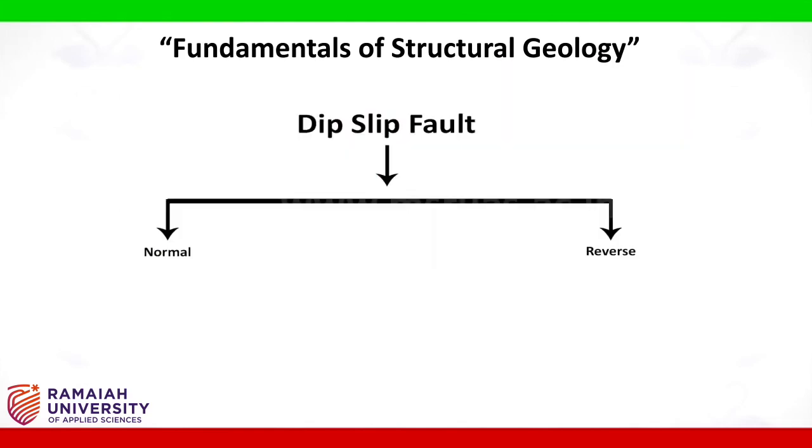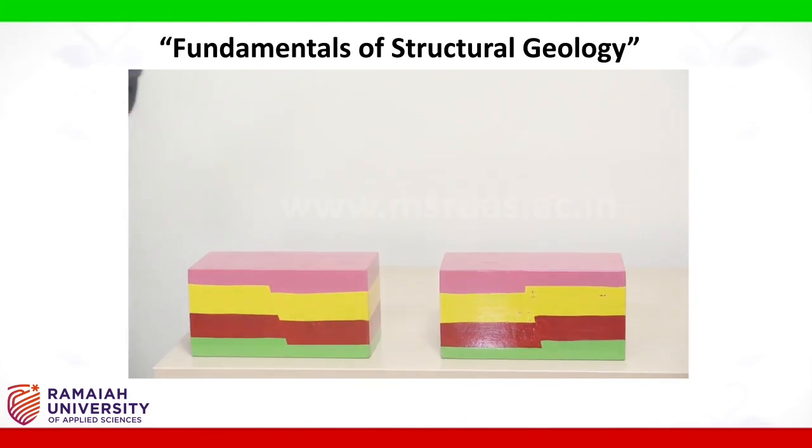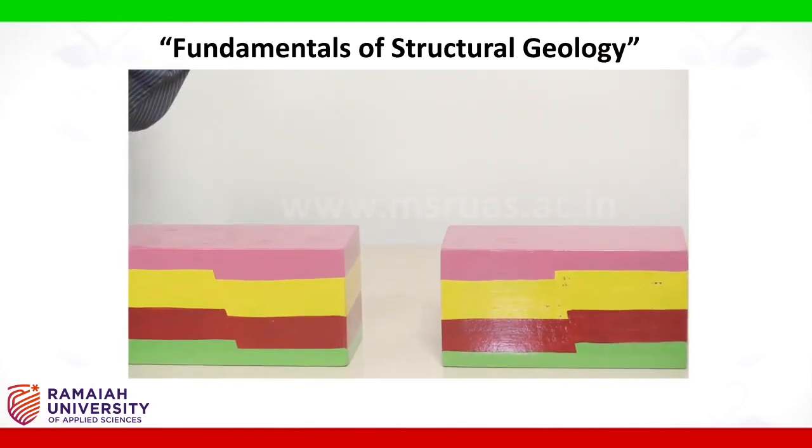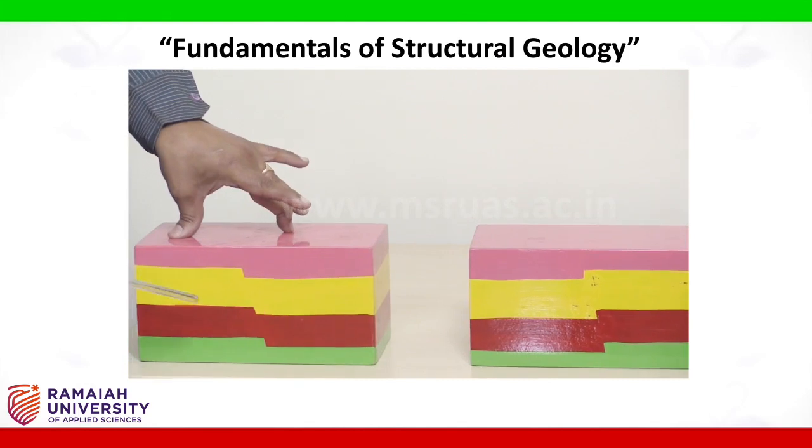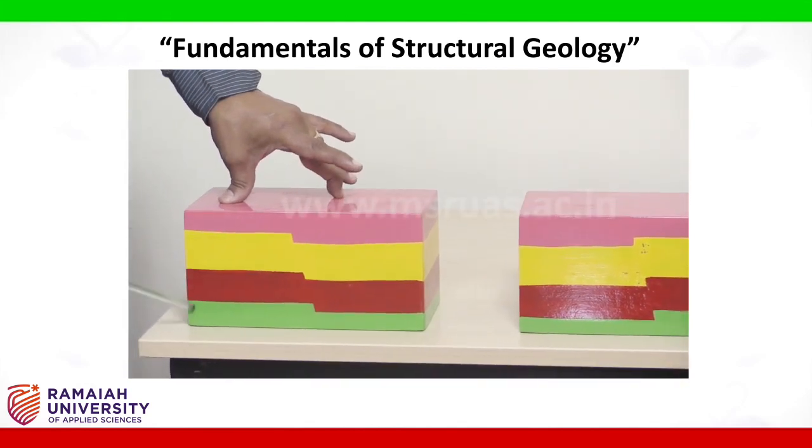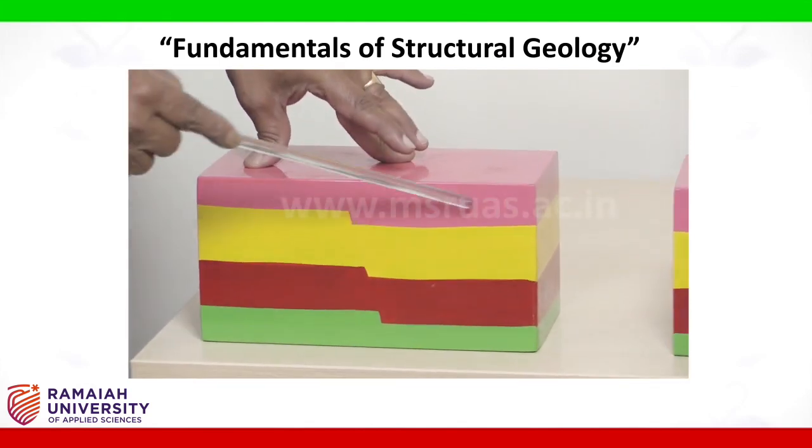The dip-slip faults are classified into two types: normal fault and the reverse fault. Now, in a fault, there are two blocks. One block is called the footwall, the other one is called the hanging wall.